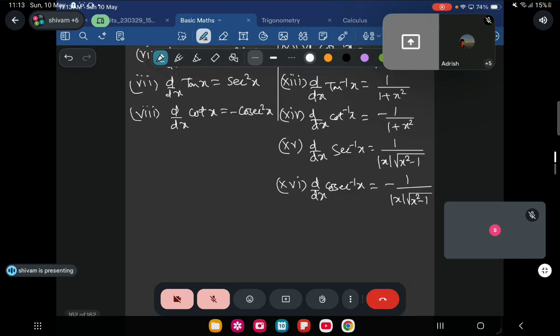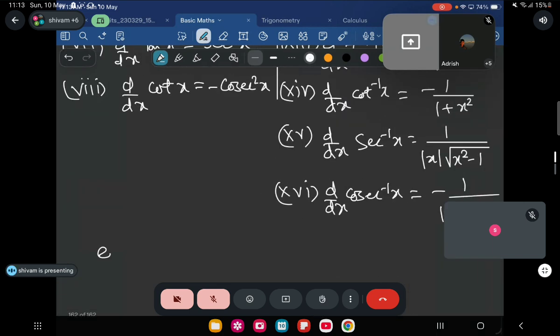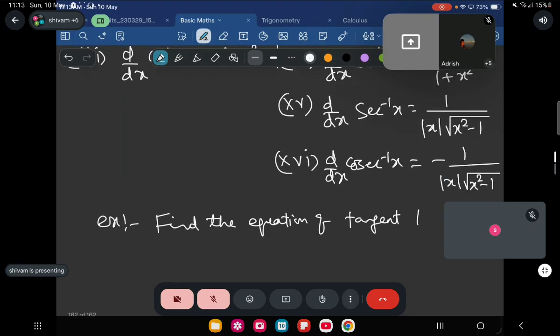Next, for example, see if you are asked to find the equation of tangent to the curve y equals x square at (3, 9).